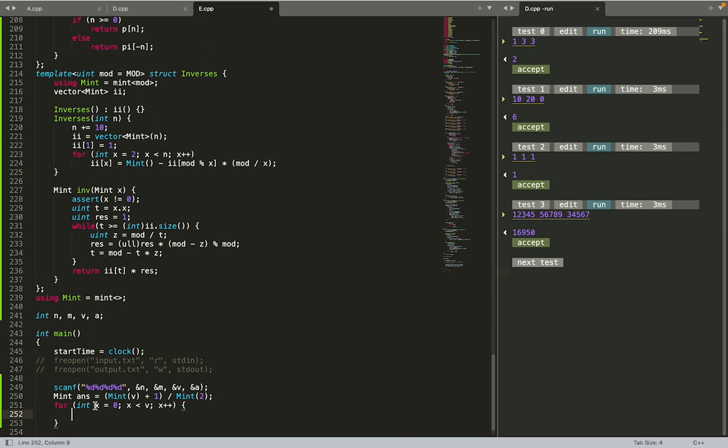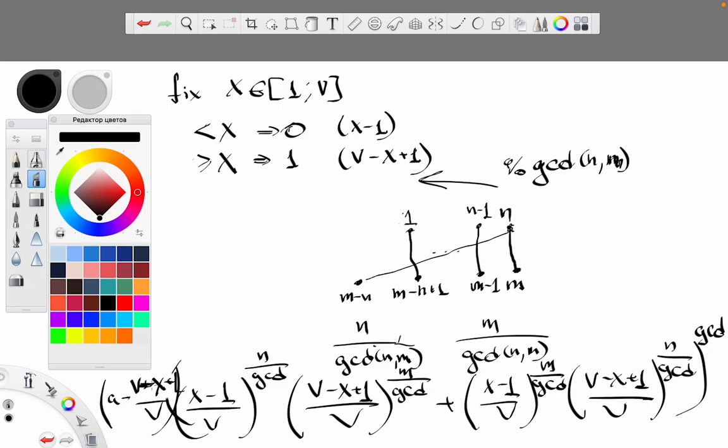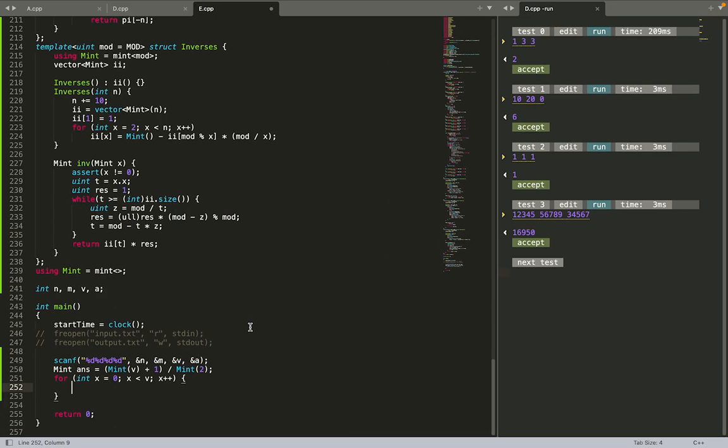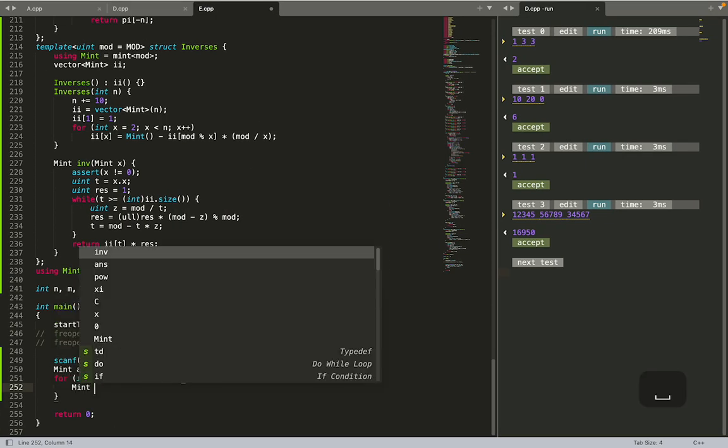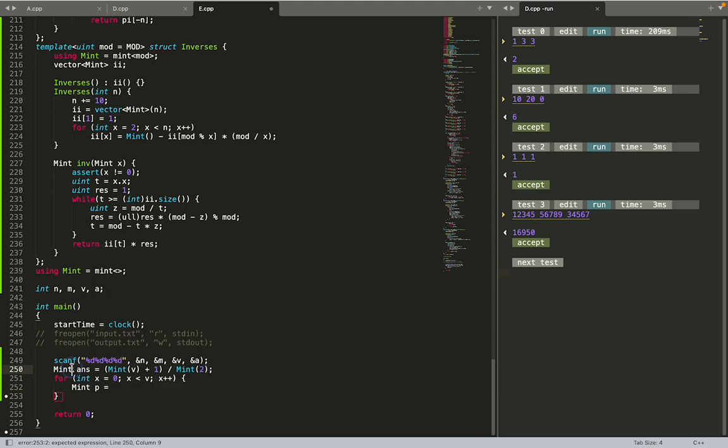Instead I will iterate over x minus 1, so that there are no plus ones, minus ones. So the probability that everything is as we wanted.